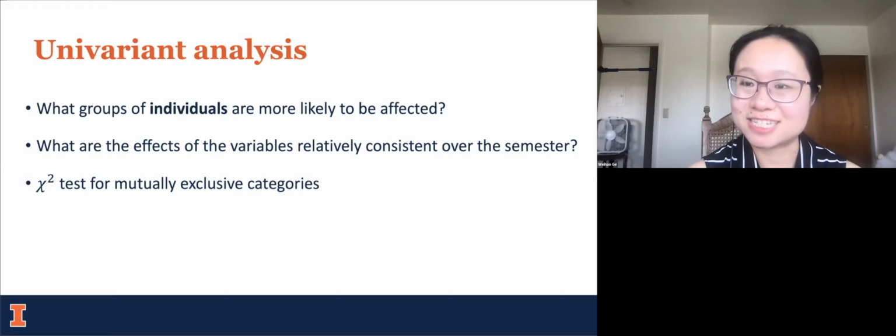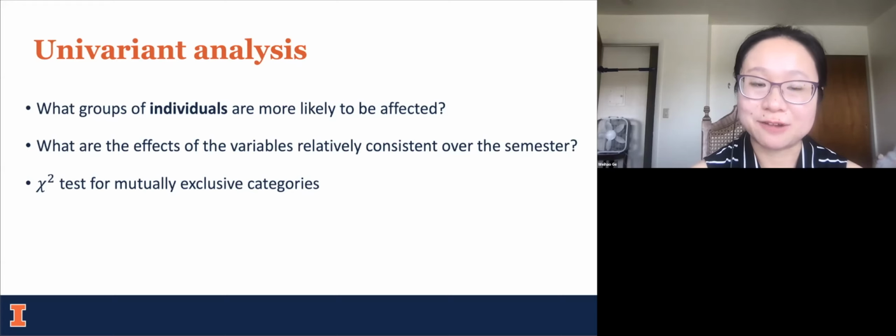In our case, the identities and their roles, their badges, and their age might be these variables, and their signals might be masked by the monthly changed variables. So we perform the chi-square test for the mutually exclusive categories.